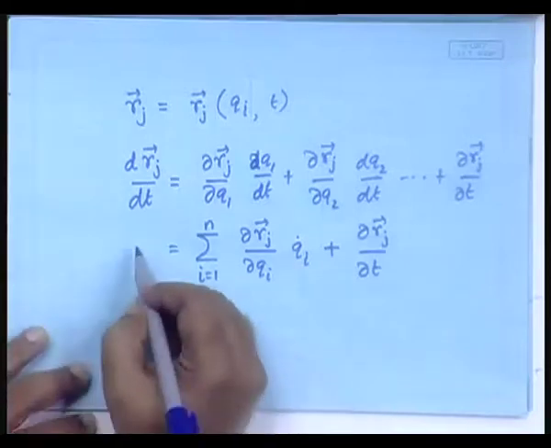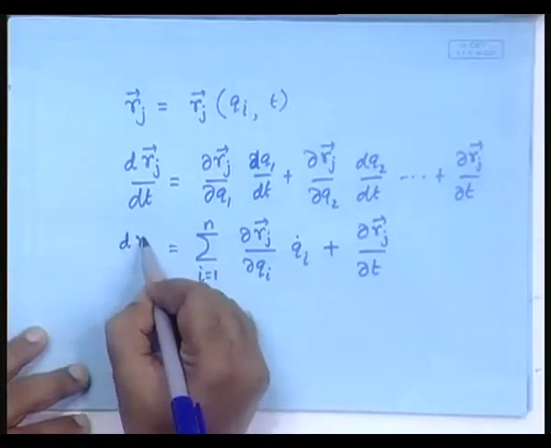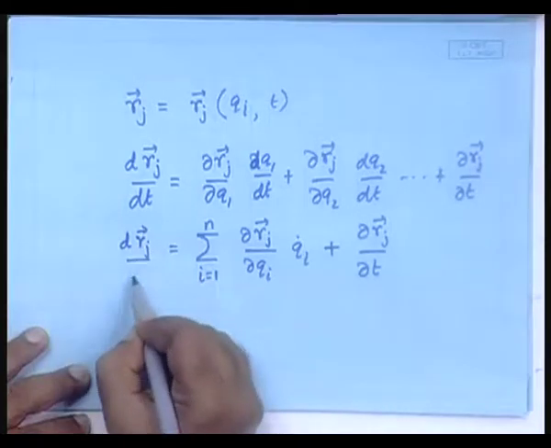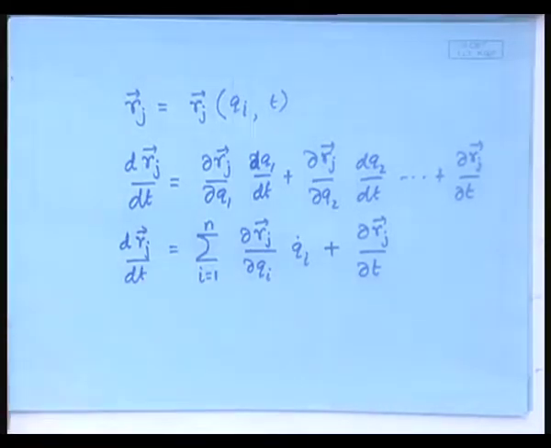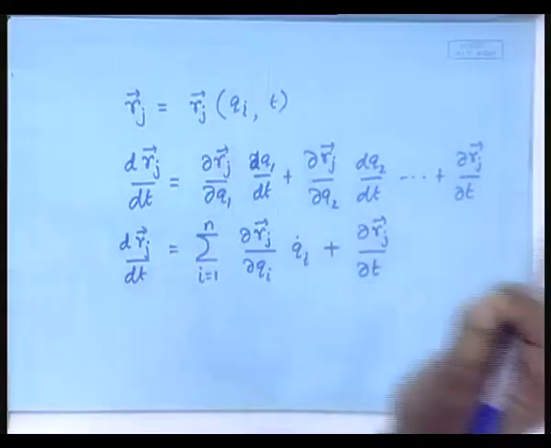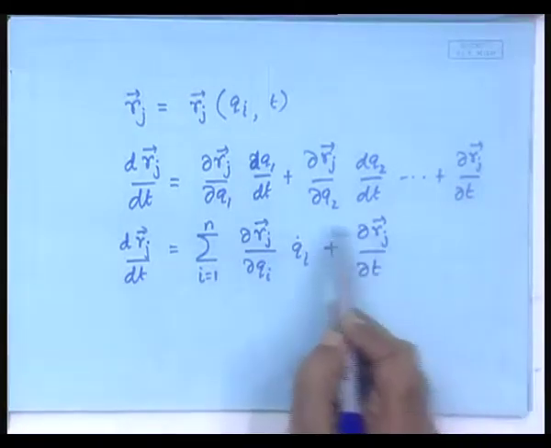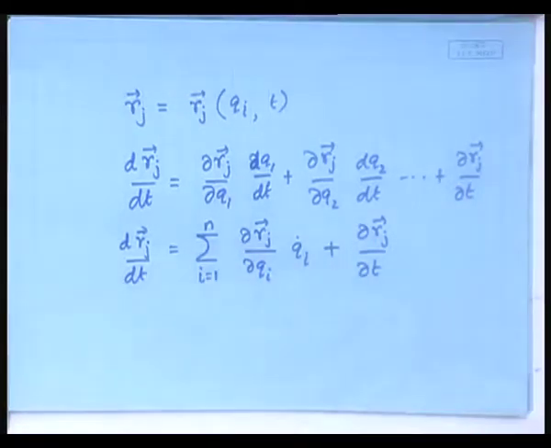So, this is how the velocity will be expressed, velocity of each body. Fine. Notice in the left hand side what we have, this body is moving, this body's velocity expressed in terms of the new set of coordinates. We will use that.